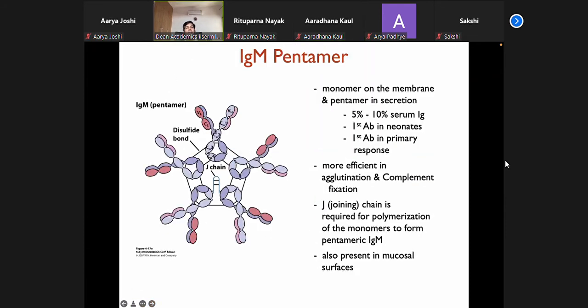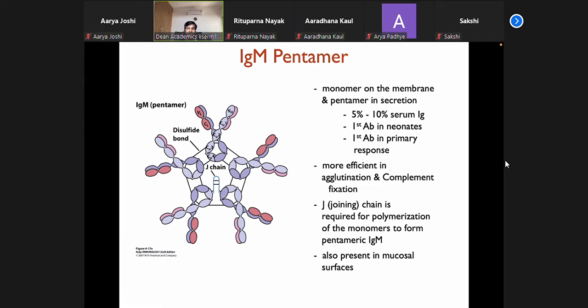IgM exists as a monomer on the membrane, but when it is secreted out, it exists as a pentamer. This is the second most predominant antibody present in serum. First one is IgG, and then you have IgM: 5 to 10% of total immunoglobulin, while almost 90% is IgG.